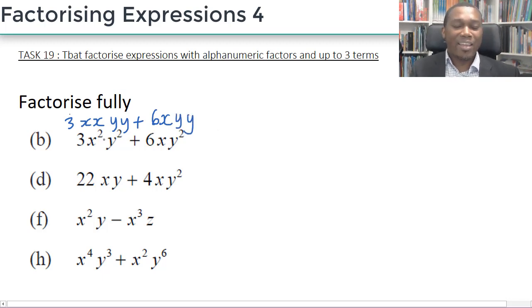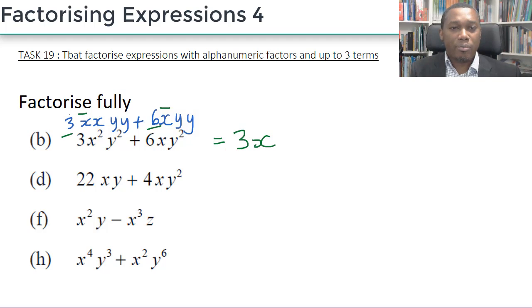Now, when I look at that, it's a lot easier to see what they have in common. We start with the numbers. We have a 3 and a 6. What's the biggest number that goes into 3 and 6? Yes, 3. And then the letters, do they have one x in common? So I'm going to take the x out.